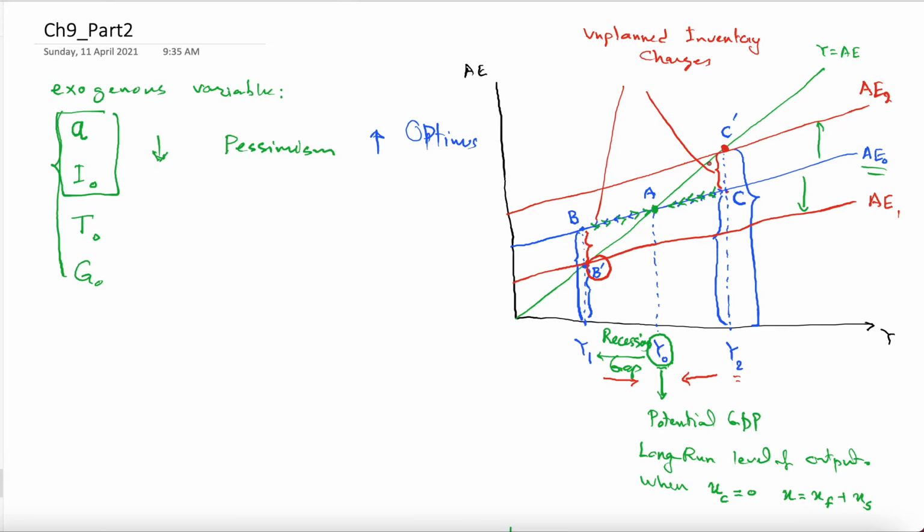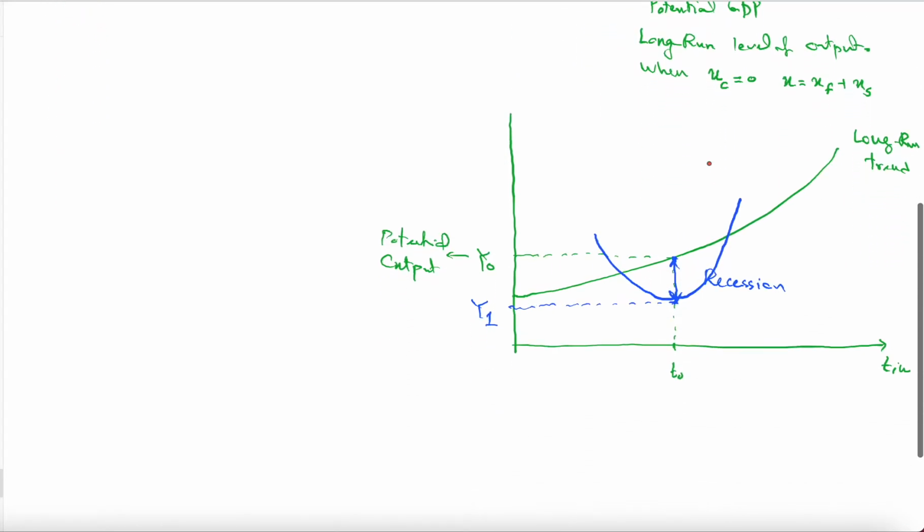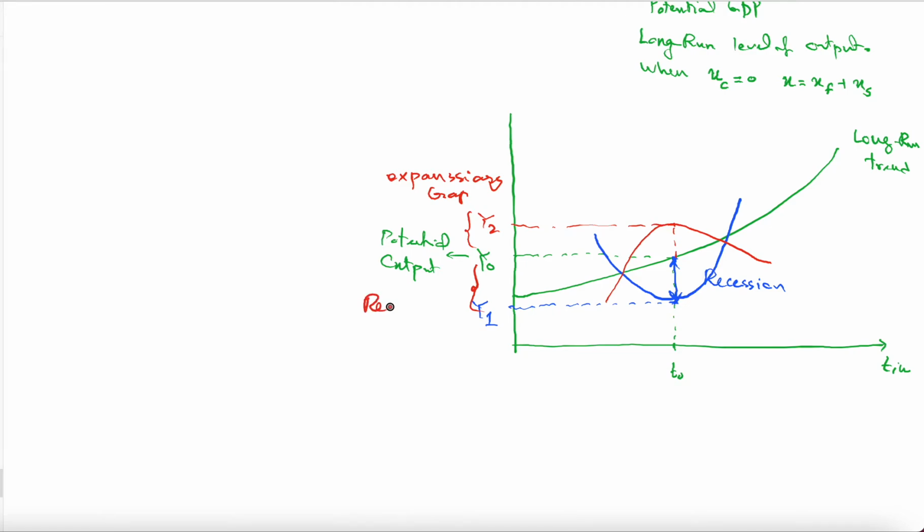It's going to be here. And that is when the economy might be producing far more, Y2. So this is called expansionary gap, and this is called recessionary gap.